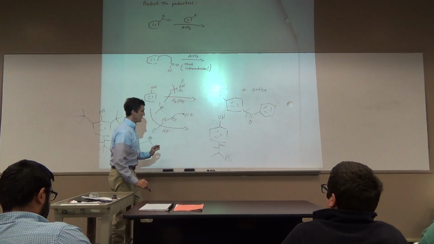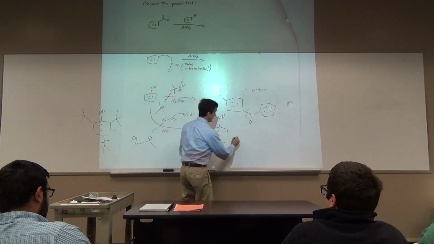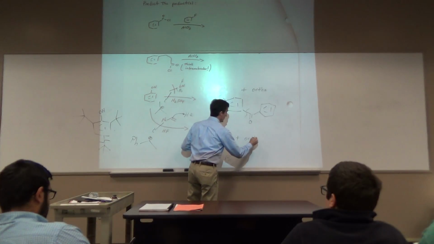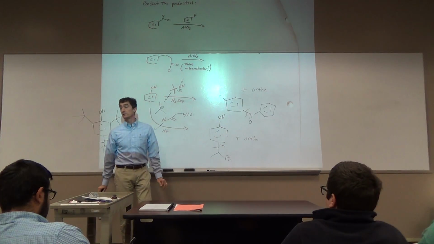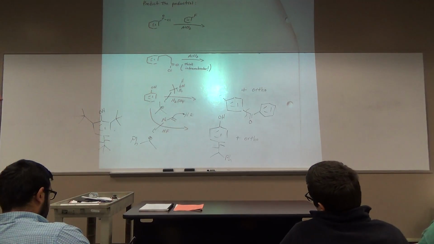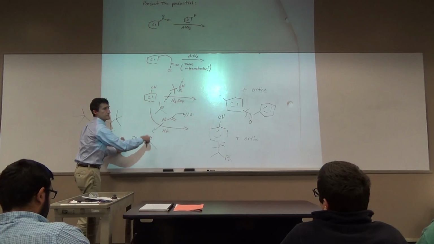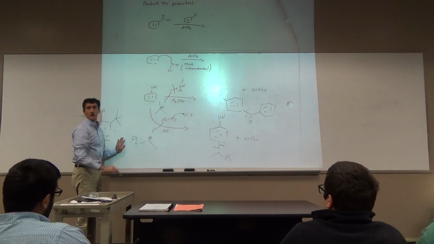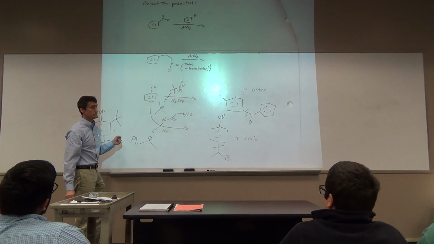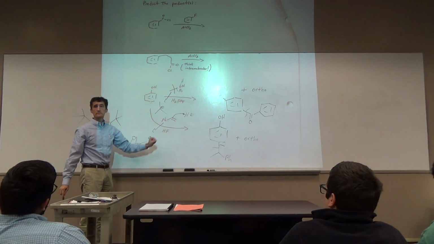And so you can get that bond made to there. Of course, you can also say plus ortho, or then you worry about whether it's going to do a dialkylation or a trialkylation. In terms of just putting on one group, the main thing is, do you understand the chemistry? In all these cases, we're making a carbocation, right? Make a carbocation from an alcohol, make a carbocation from an alkene.